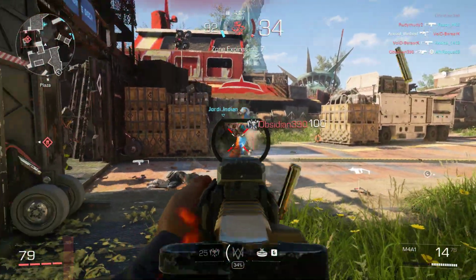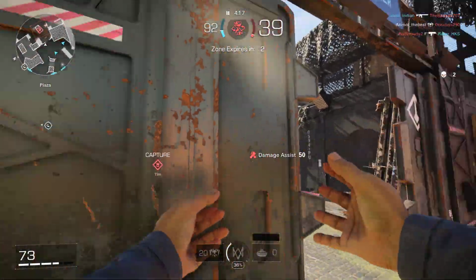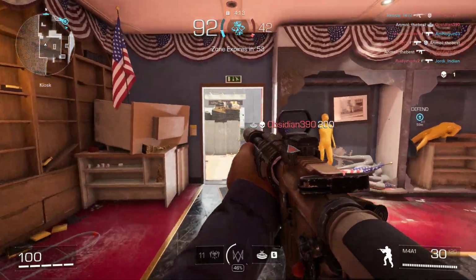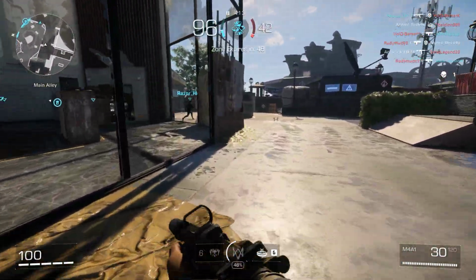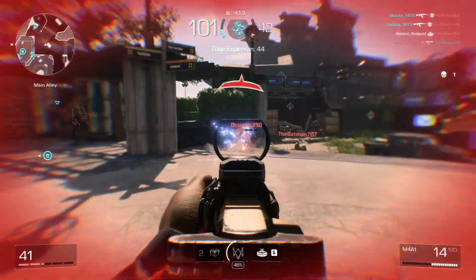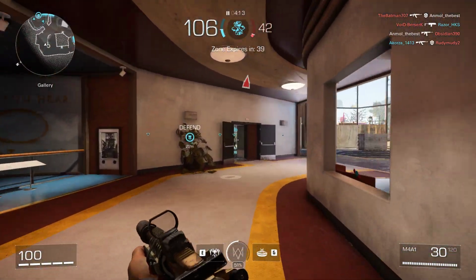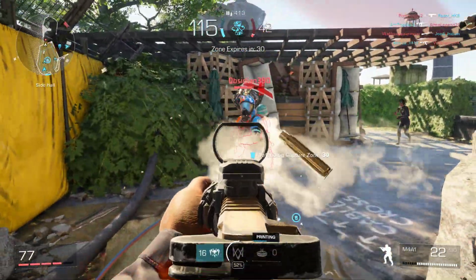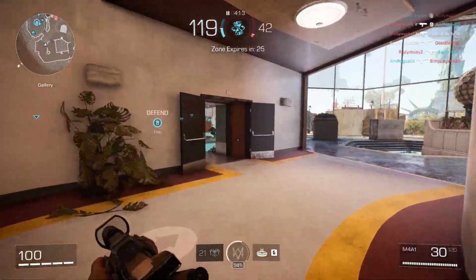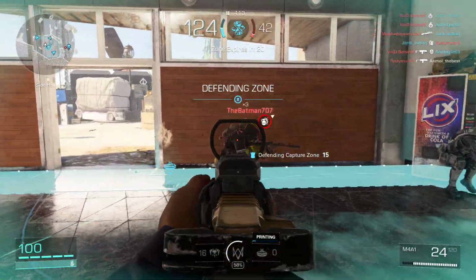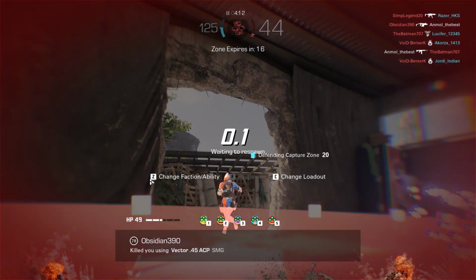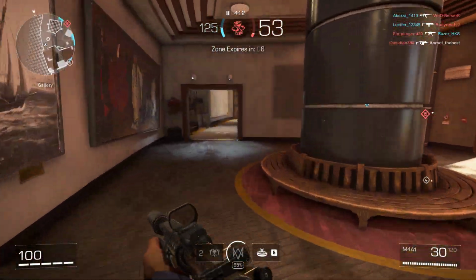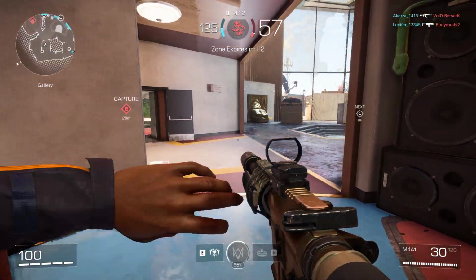Capture zone is changing location. Zone imperiled.